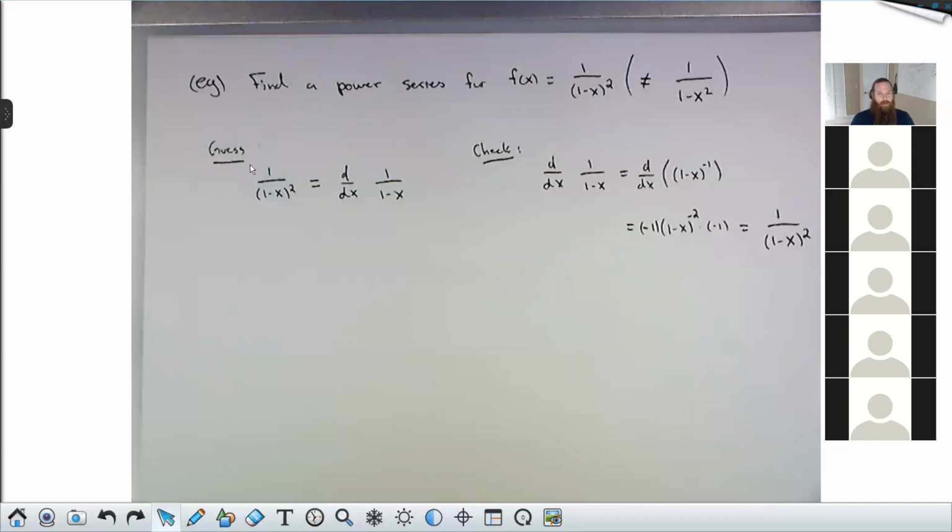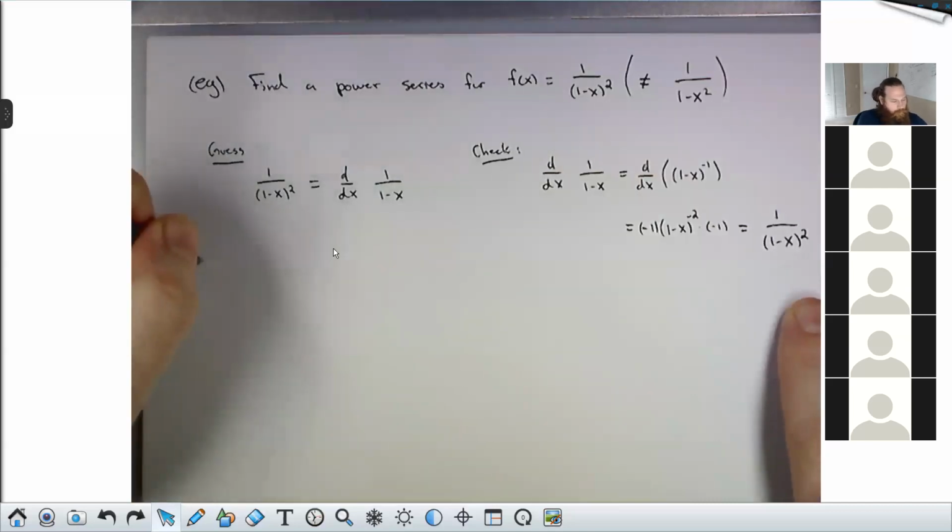So my recommendation, and this is the only place in all of the classes I teach I will ever use the words guess and check that close to one another in a sentence, is to take a guess at what your function is the derivative of. Basically, you're doing an integral in your head, but don't write down the integral. You'll get confused. Take a guess and then modify it if you need to.